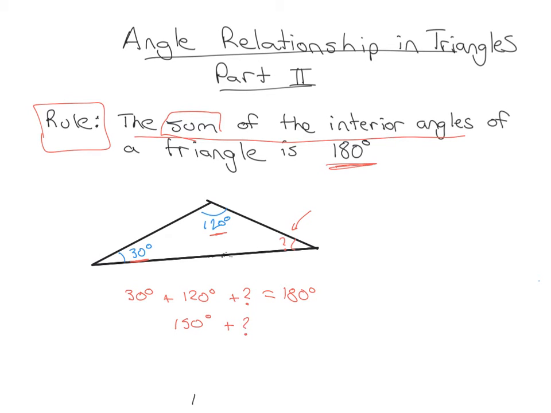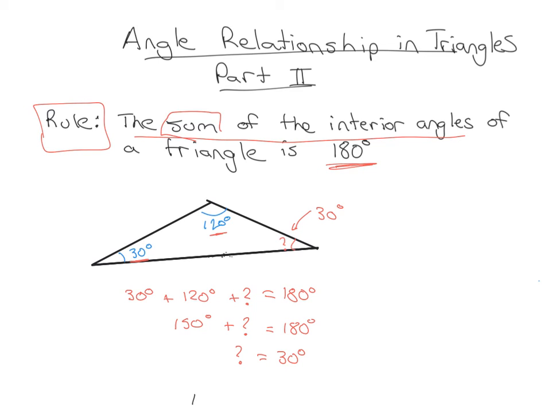Therefore, what is my question mark here so that this whole thing adds up to 180 degrees? So 150 plus what gives me 180? And I'm hoping that you can see that that question mark must be 30 degrees, because 150 plus 30 gives me 180. So you can see now, I know that this question mark must be 30 degrees.